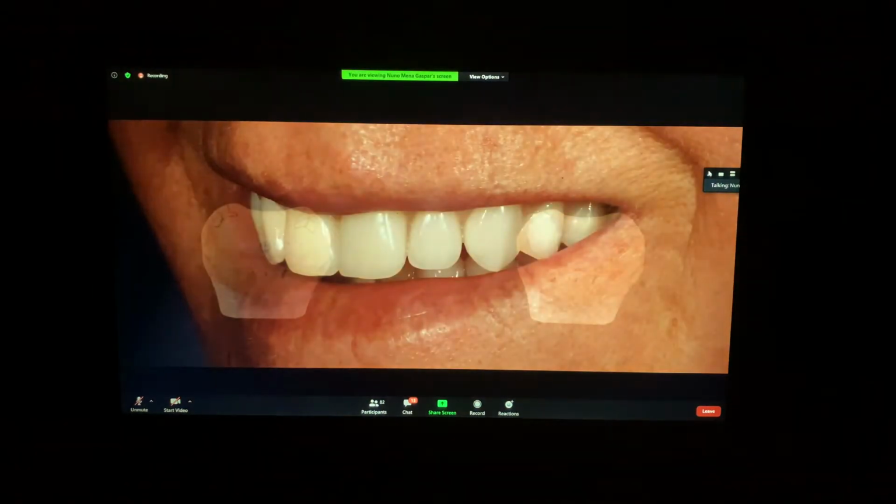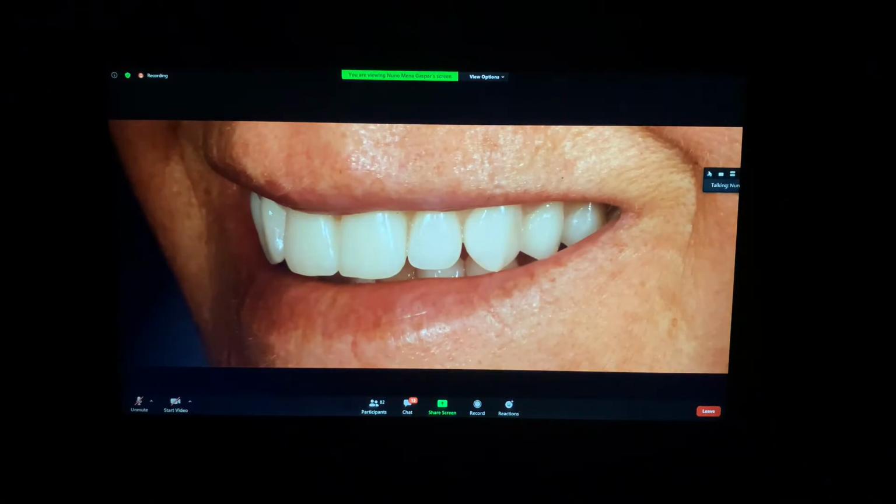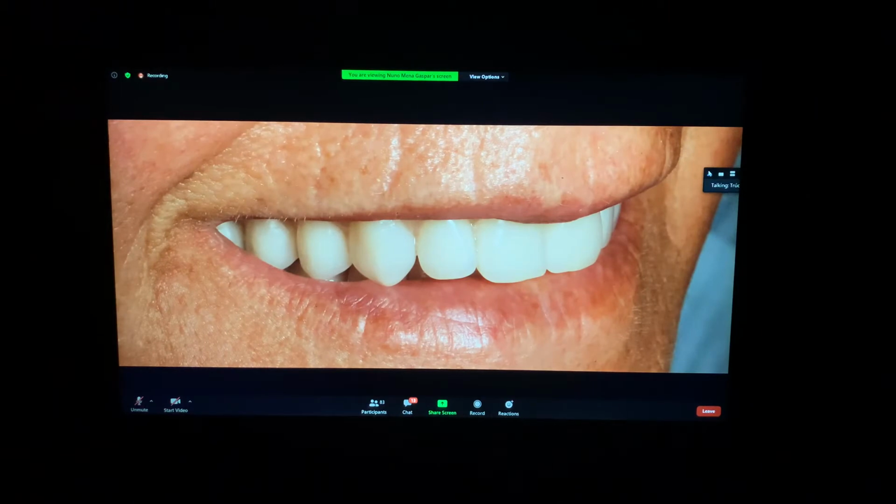We try it to check if everything is okay, if our plane follows our lower lip, if the occlusion plane is okay, if the phonetics is okay, and also if our patient is happy with it. I have the patient wear this model to check whether the lines I established earlier, like the midline and the upper and lower occlusal planes, are parallel, and whether it matches what I planned.